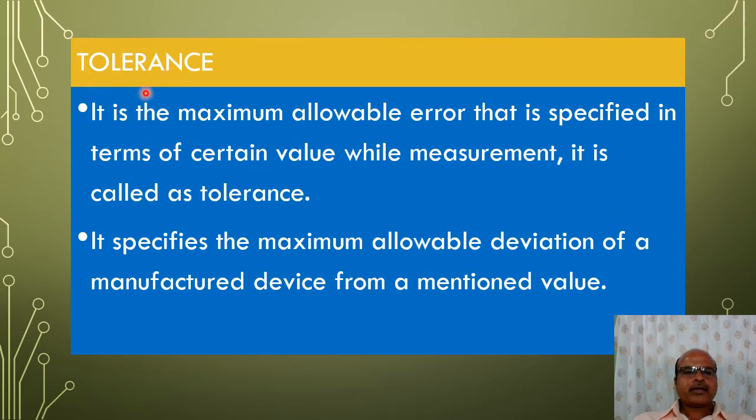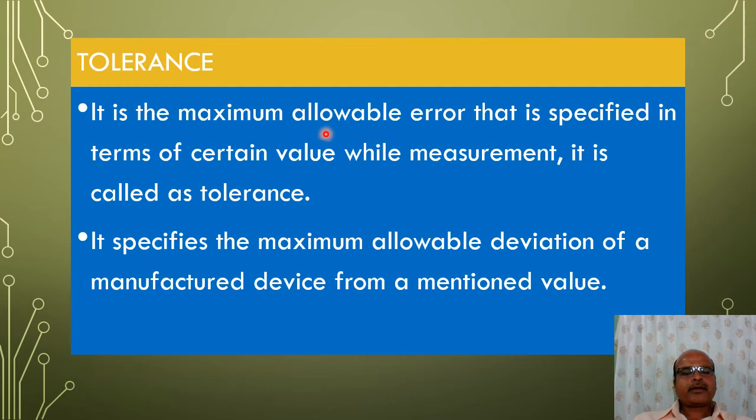Then next is tolerance. This word you have already studied. It is the maximum allowable error that is specified in terms of a certain value while measuring, and it is called tolerance.